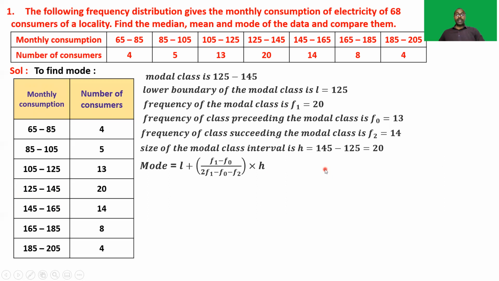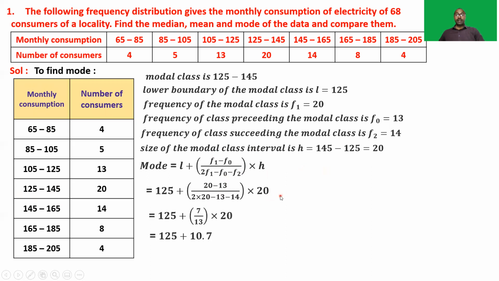So now the mode is equal to L plus F1 minus F0 by 2 F1 minus F0 minus F2 into H. So by substituting all these values in this formula, 125 plus 20 minus 13 by 2 into 20 minus 13 minus 14 into 20, and after simplification we get 135.7.